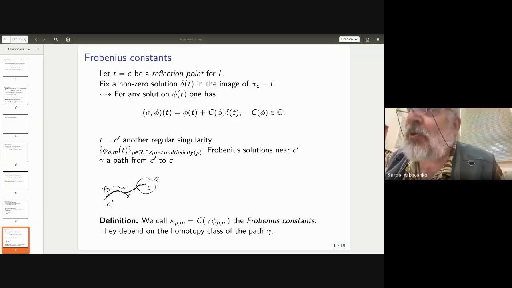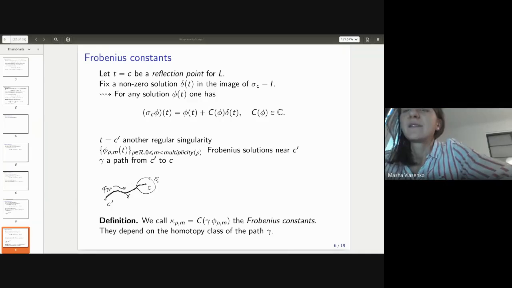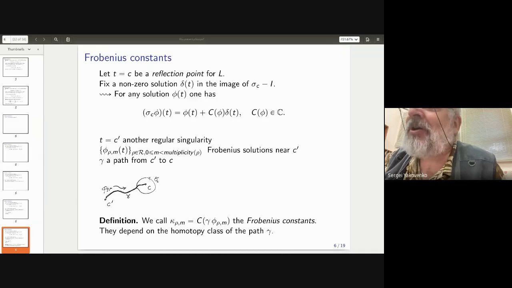And then you get another automorphism of the same linear space, which should also have only one non-trivial constant when you write its matrix in the Frobenius basis. So you are looking at how these constants depend on the path in the fundamental group, non-trivial paths in the fundamental group based at the reflection point.